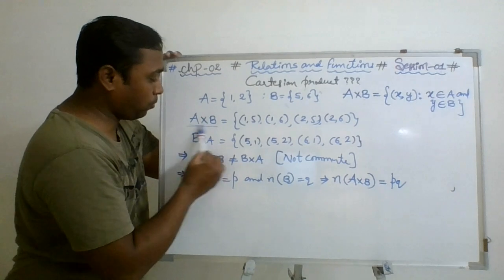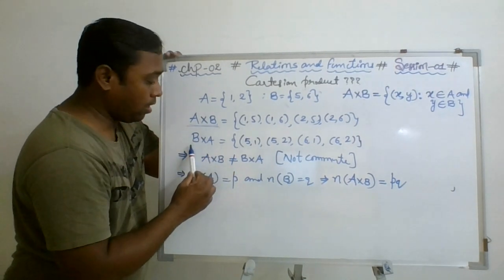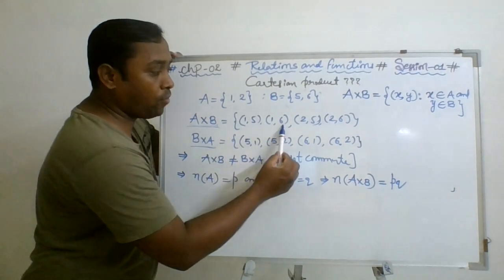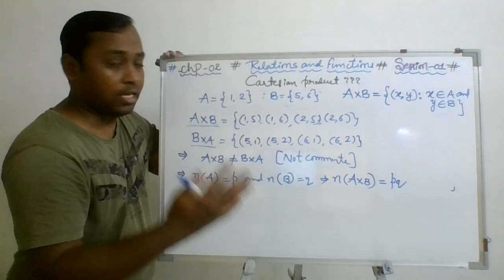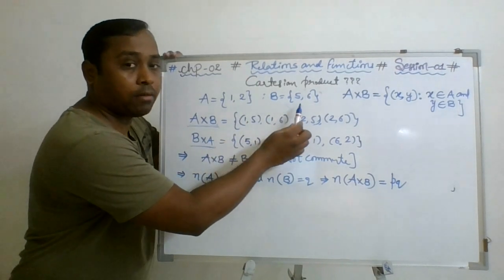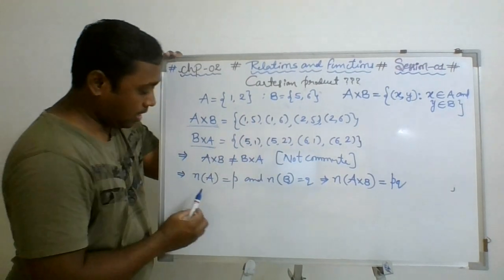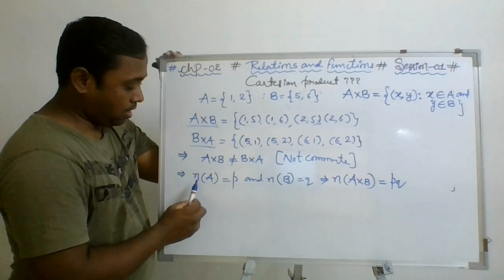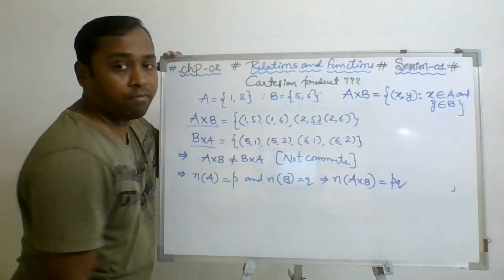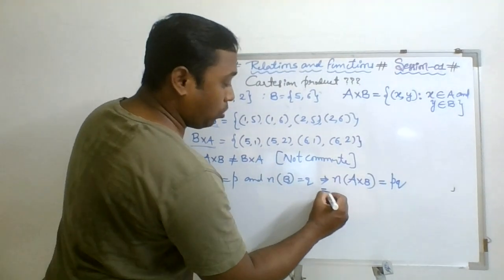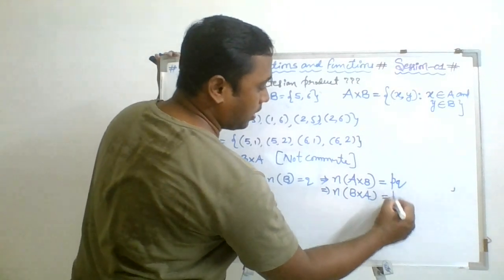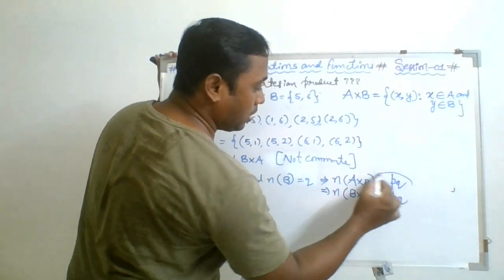Hence the Cartesian product, whether it is A cross B or B cross A, in both the number of ordered pairs will be 4. I may also say the number of elements in B cross A is also PQ.